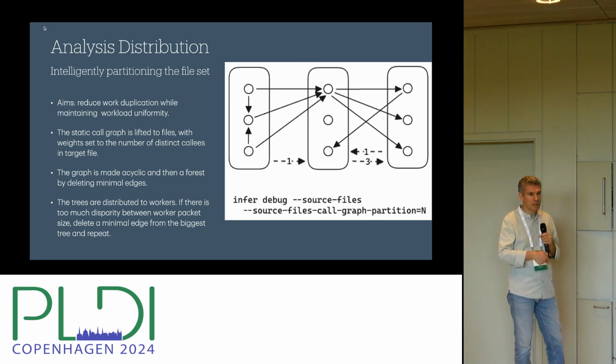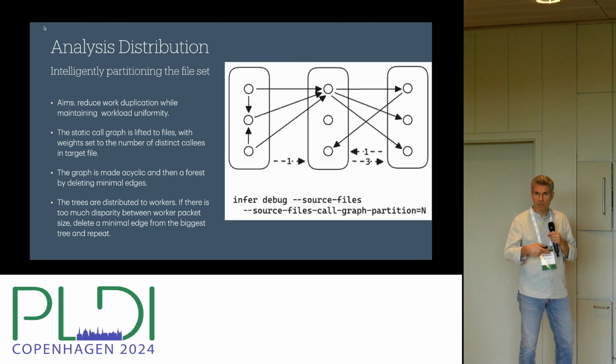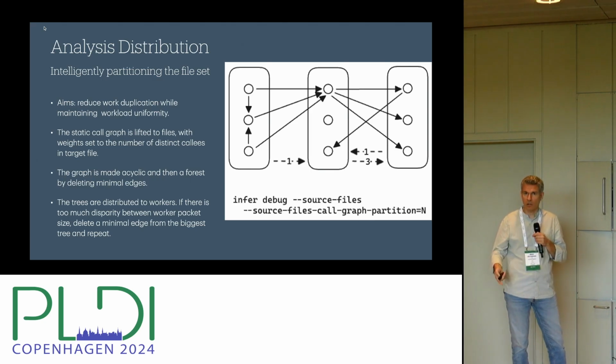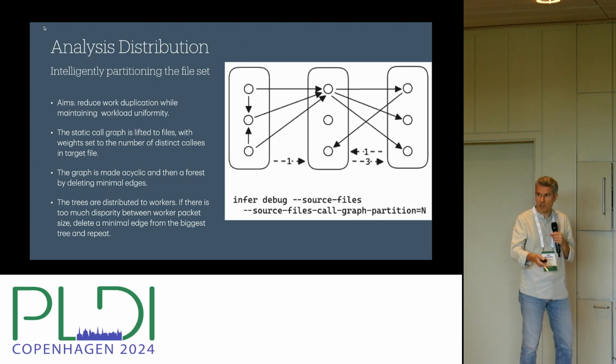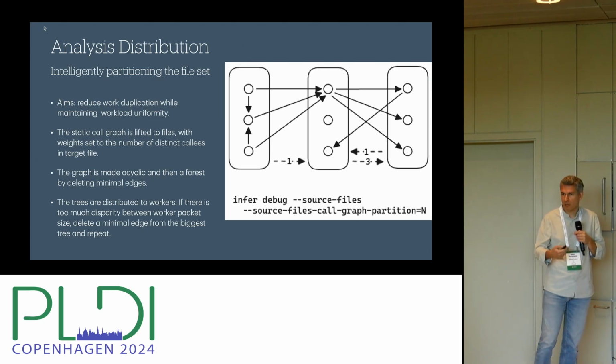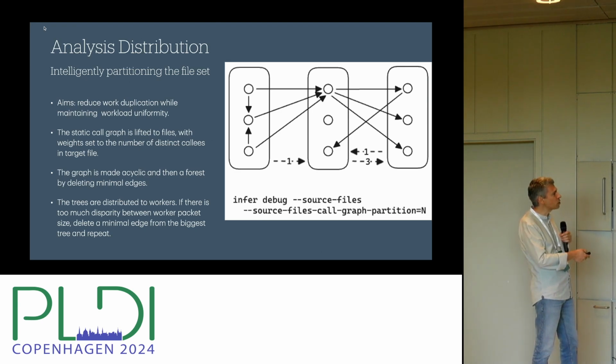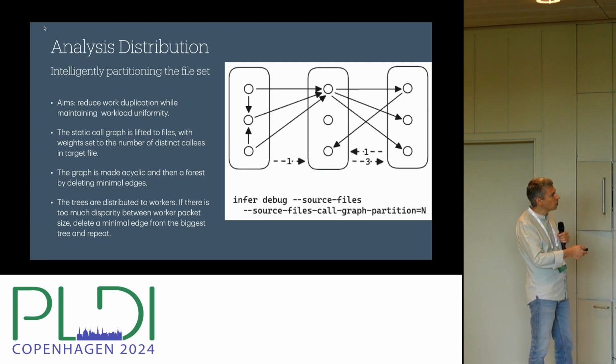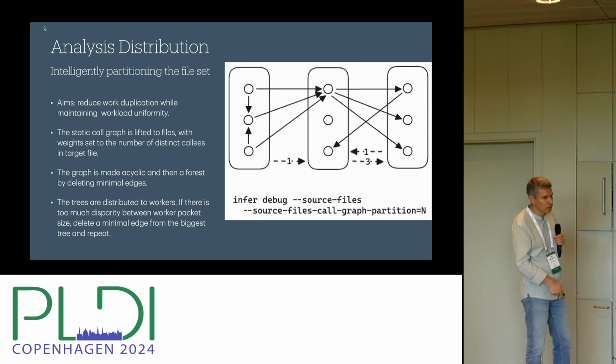Okay, and the idea of not counting the number of times, but rather the set of distinct callees is that because they're going to be cached anyway, and they're going to be analyzed just once, there's no point counting the number of calls, but rather the number of distinct targets. So here the weight would be 1, here the weight would be 3 because we call 3 distinct, and the back arrow will just have a weight of 1.